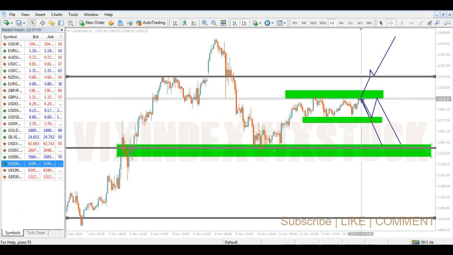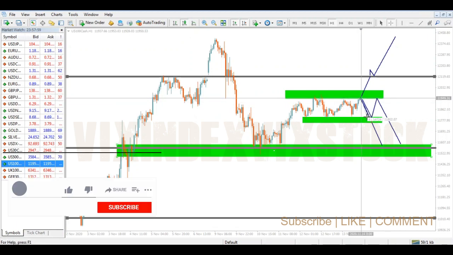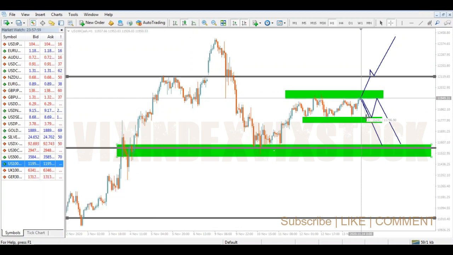And from this level to this level, we have got nearly 1524. If it happens that we quickly break down, we are looking at something like 3720 pips to the downside.